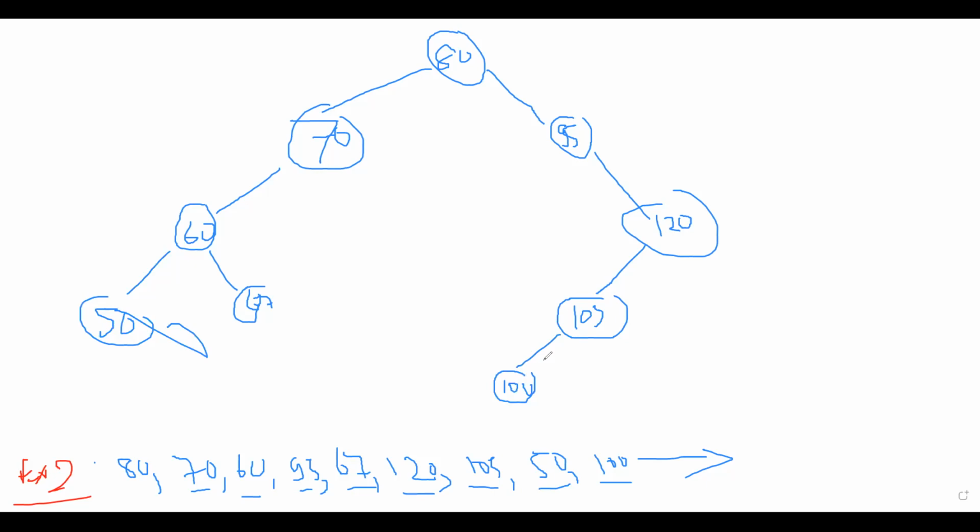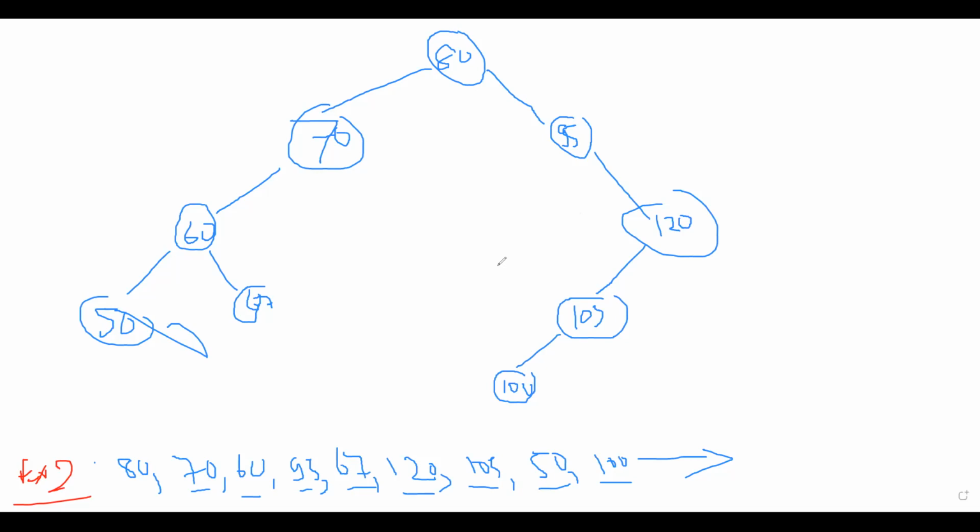This is very important. A typical question in the exam paper may look like this. I might give you a set of numbers and ask you to draw the binary search tree. Then I might ask what the root node is, what the leaf nodes are, what the height of the tree is.